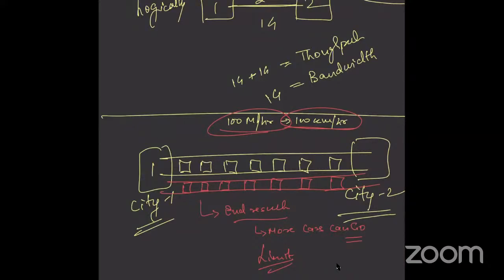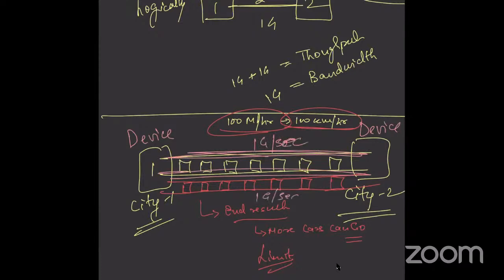Okay, so now the same concept, forget about the cities. This is my one device and this is my other device. Over one link, I have a hard-coded bandwidth of 1 GB per second, and here also 1 GB per second. So more packets can go, which is throughput. But your bandwidth is going to be 1 gig only.